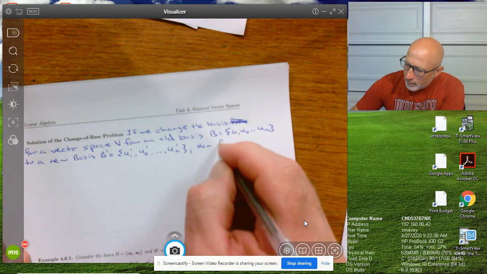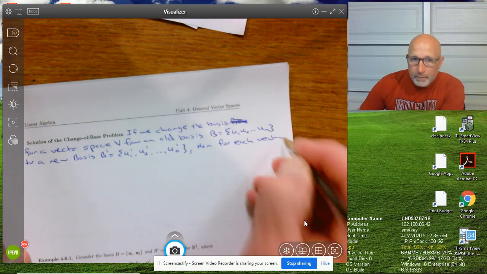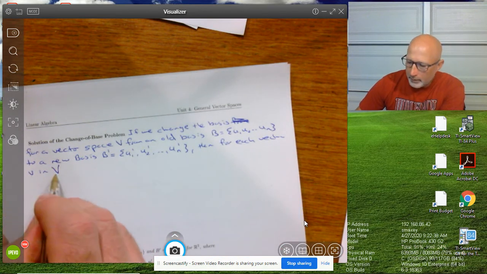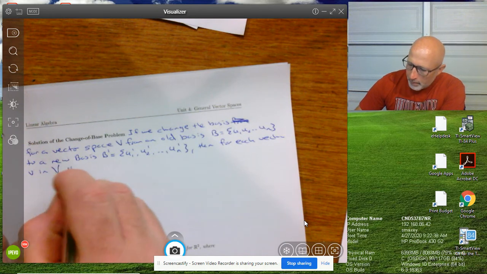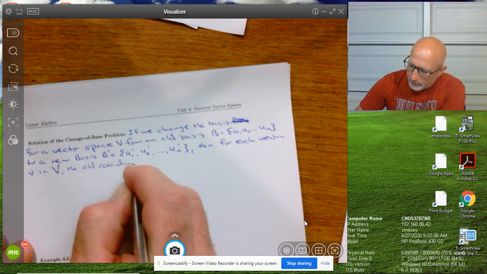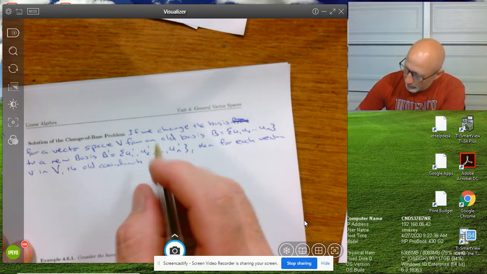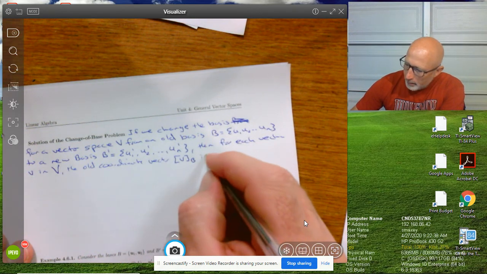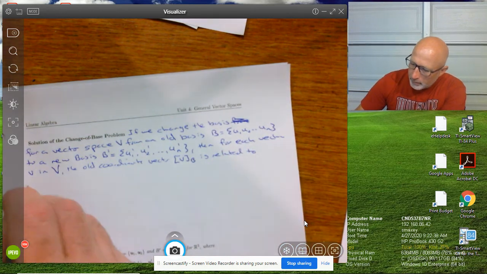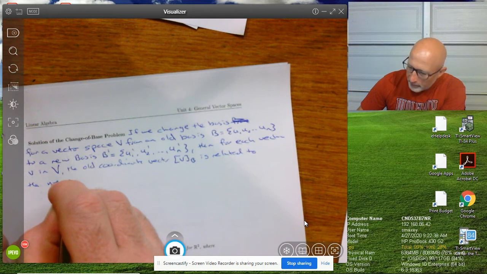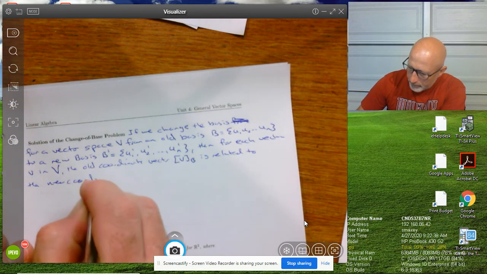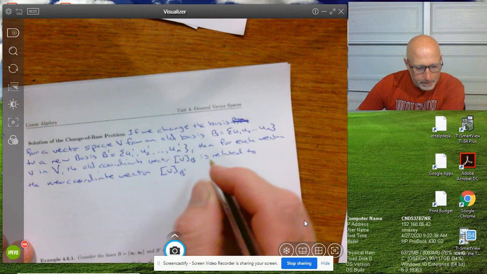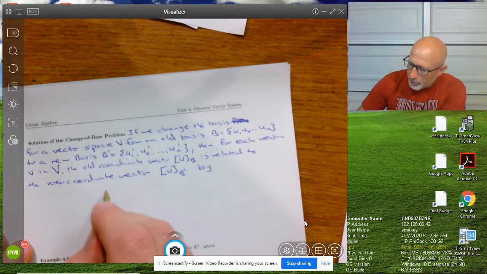then for each vector v in V, so this is lowercase, and this is the vector space V, the old coordinate vector v under the basis B is related to the new coordinate vector, which we call the vector v under B prime, by the equation which I gave earlier.